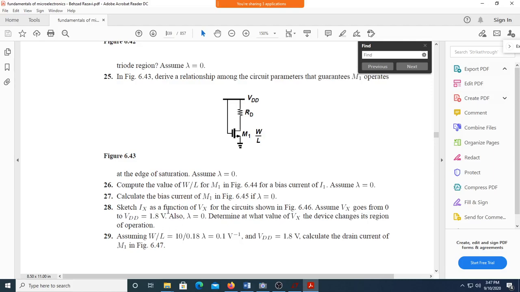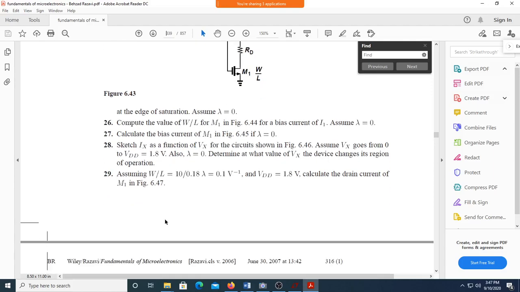Correct? Tanuja, yes, sir. Copy this. Just read this. 26. Compute the value of W by L for M1 in the figure 6.44, for bias current of I1.